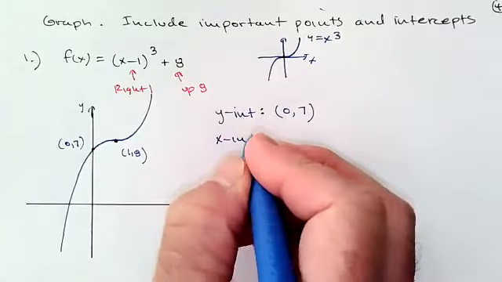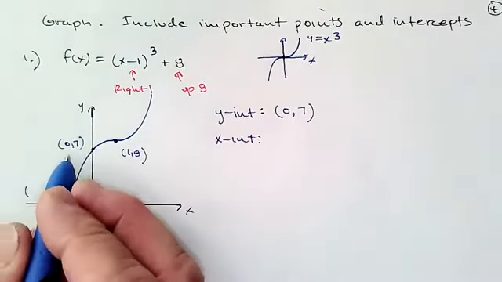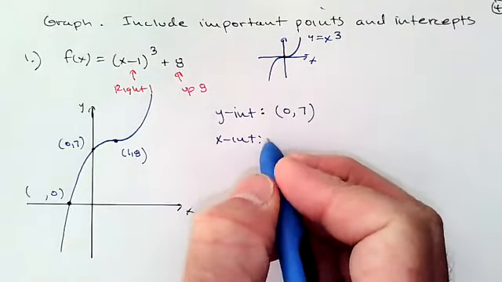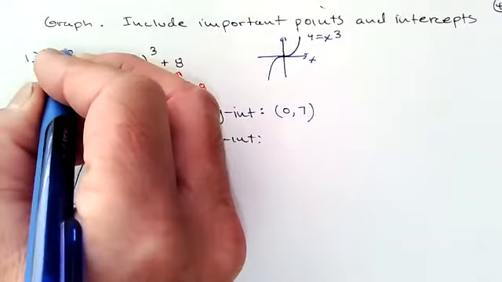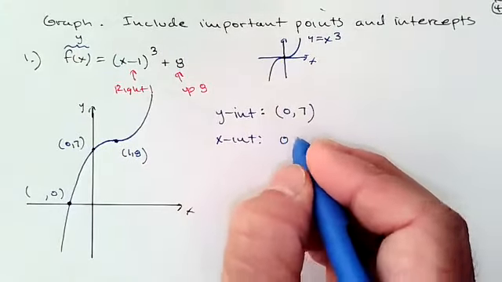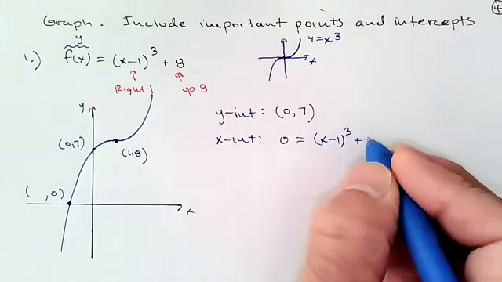If I want to find my x-intercept, when my graph crosses the x-axis, it's not x that's 0, it's y that's 0. So to find your x-intercepts, what you always do is you set y equal to 0. Remember, f of x is just a fancy name for y. So we're setting y 0 equal to (x minus 1) cubed plus 8.